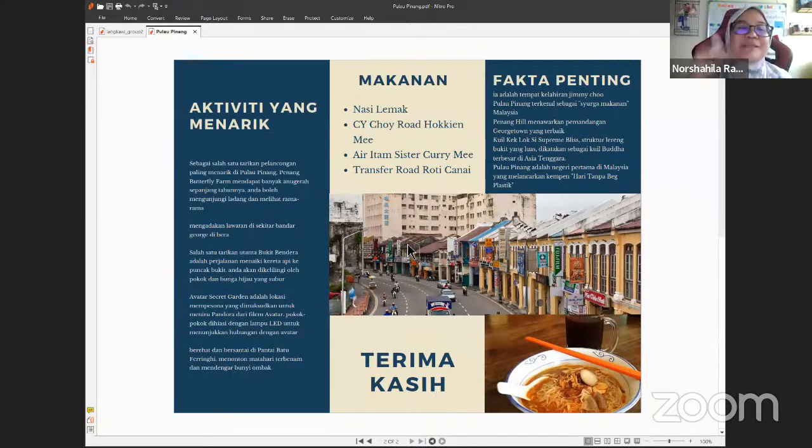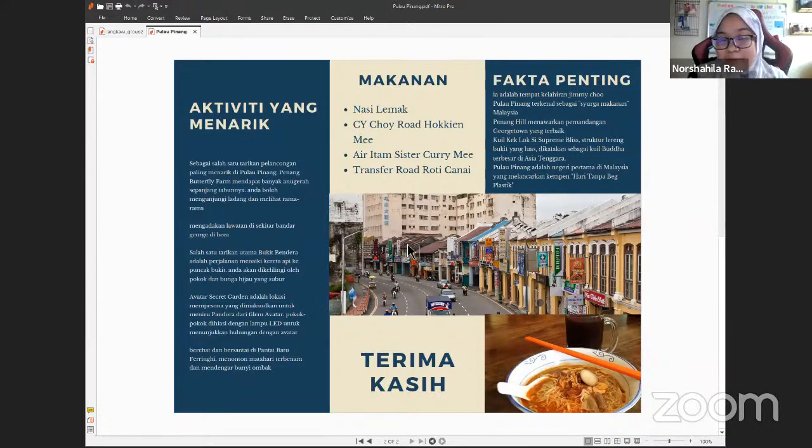Because believe me, when you go to Pulau Pinang, you need to eat nasi kandar, roti canai, asam laksa, and mi goreng mama, lots of things. So if you want to cover one side of what is famous about that place, also can. It doesn't mean you need to cover all the things from that place.